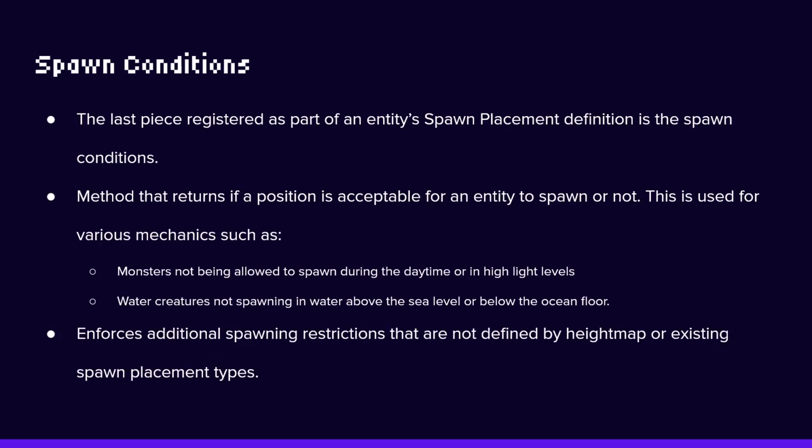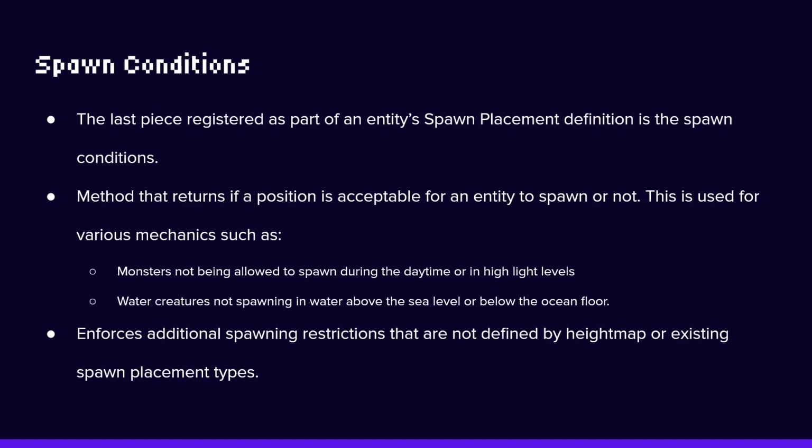This last one is the spawn conditions. So alongside the placement type and the Heightmap type, you can actually put custom conditions on whether something can spawn. And this is the important part. This is what you should register. This is why I'm saying don't forget to register, because this implements behavior like how monsters can't spawn in the light. It's a spawn condition.